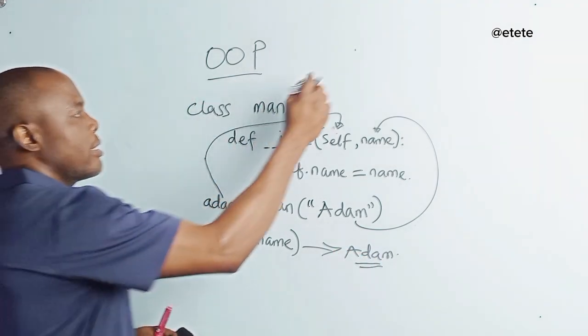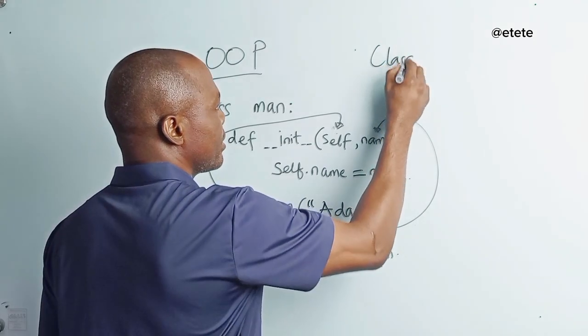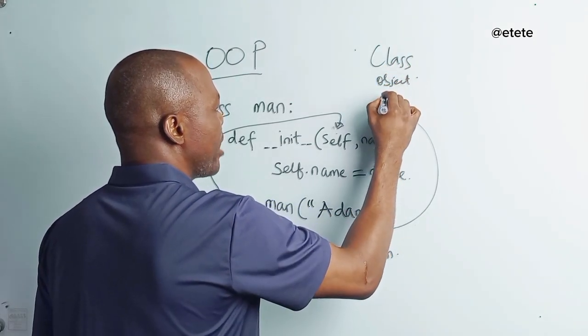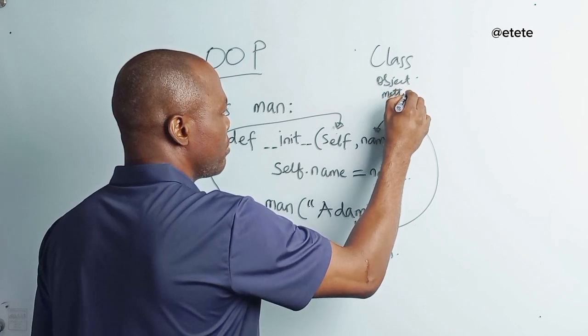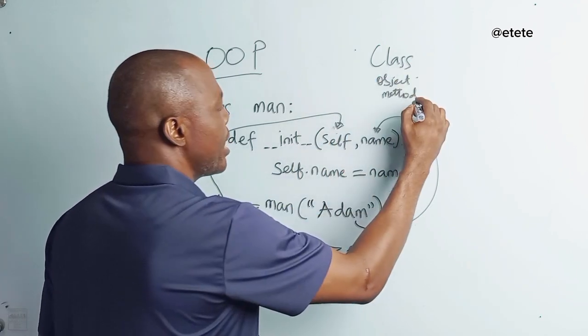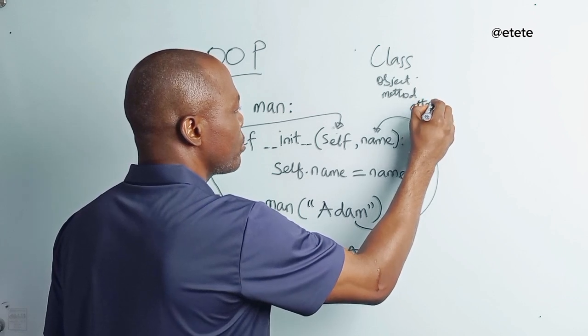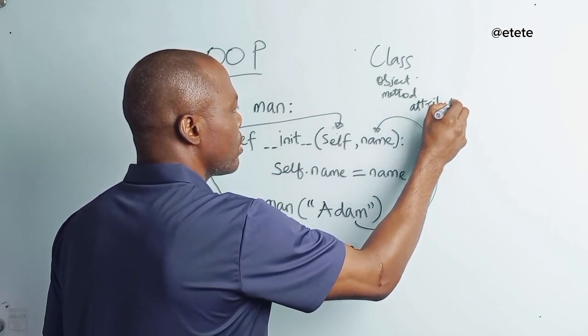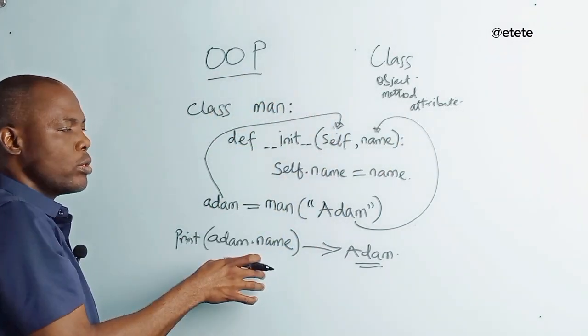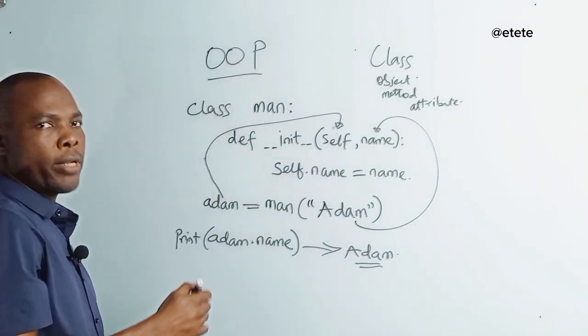So class has been created. Object has been created. We have seen one method, which is the default method, a very important method to initialize this object. And then we have also seen attribute, right? So these are the four concepts that we are using to define this object-oriented program.